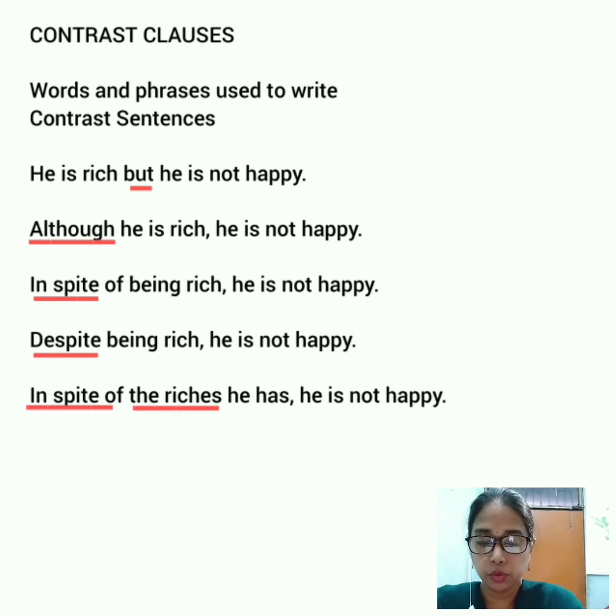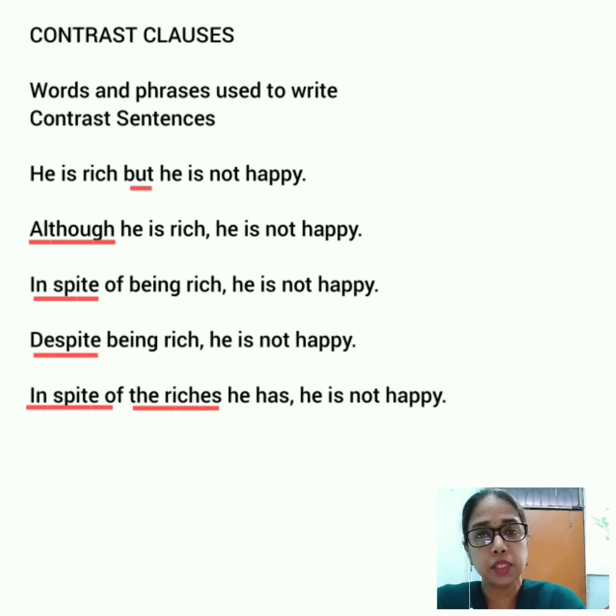So here also you see that in spite of, but when you write with despite, of is omitted. You will not use the word of after despite. The rest of the sentence is the same as that of in spite. And you will be using a comma after the first clause. Don't forget the comma, otherwise half a mark will be cut for that.